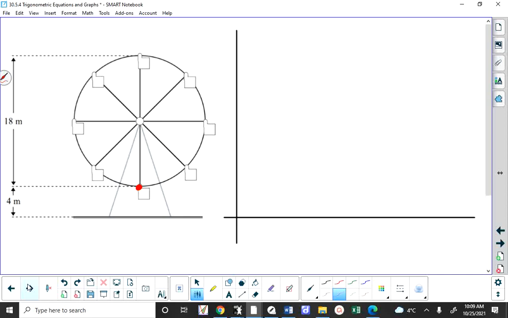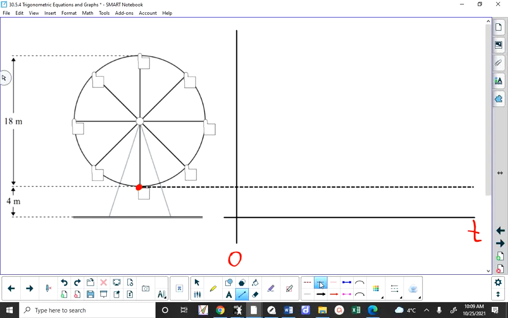And that means when t is 0, they are at the lowest point, and this thing is going to spin, so they will be on their way up. At some point in time, that car that they are in is going to be at the top. And when it reaches the top, then they will be on their way down.